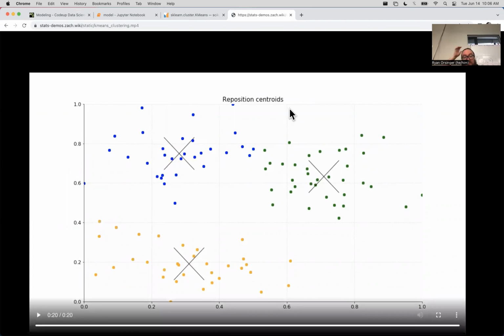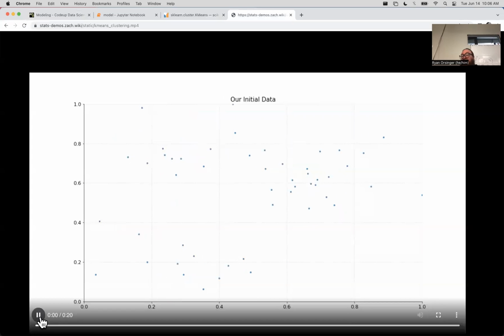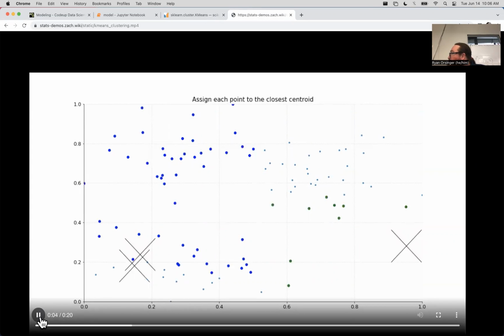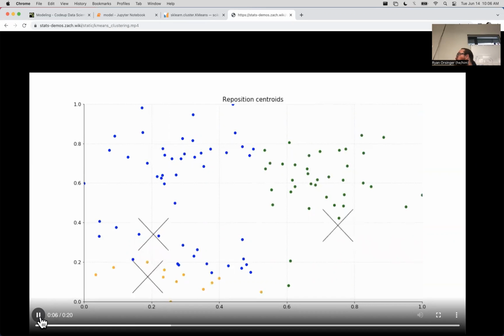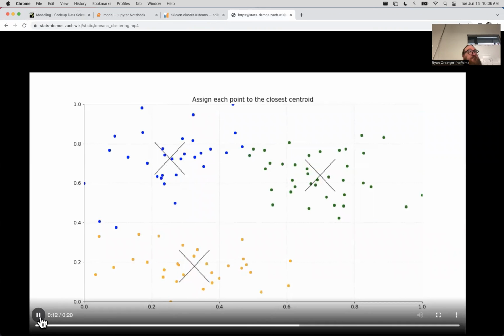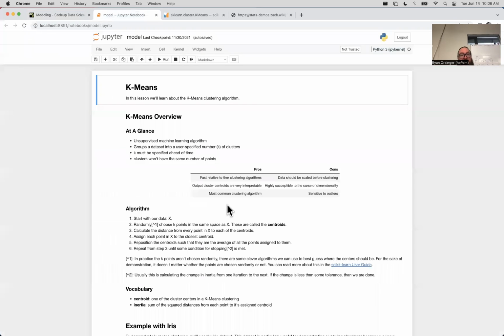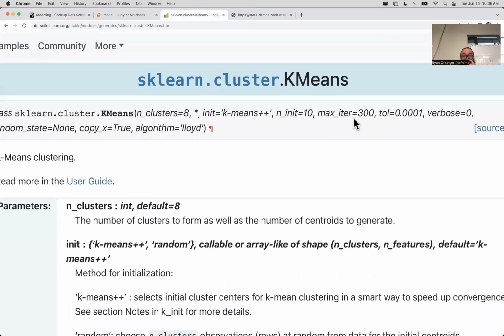Underneath the hood, this iterative process of repositioning the centroids and trying to get a better center, a better definition of center is what's going on here. And you can certainly crank up your max iterations. I think 300 is totally fine. I think that's a good default.